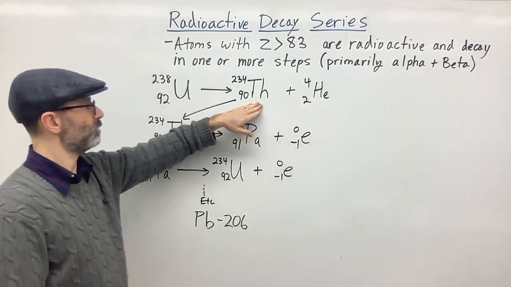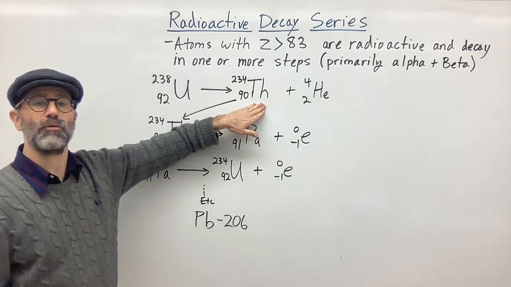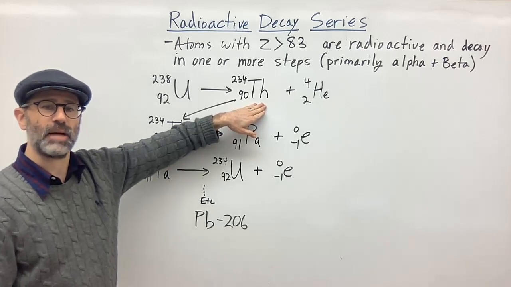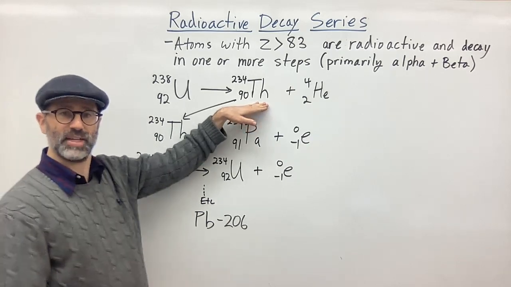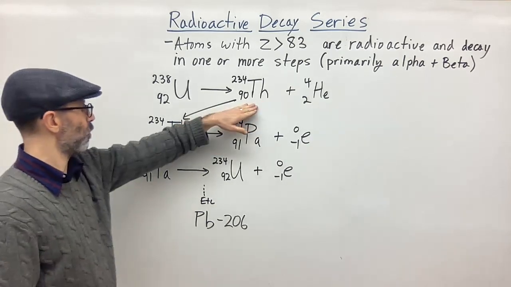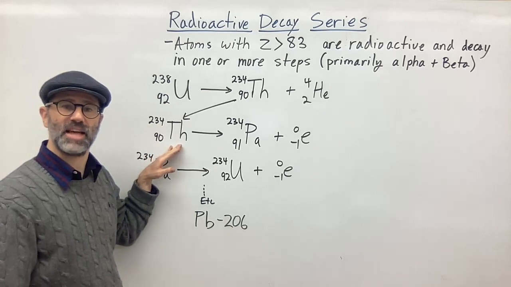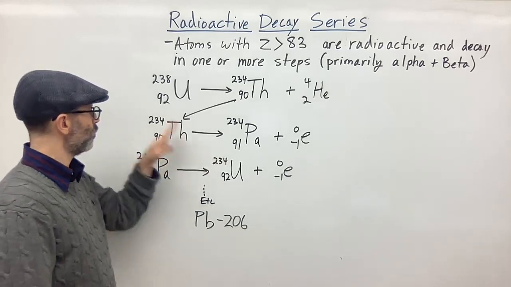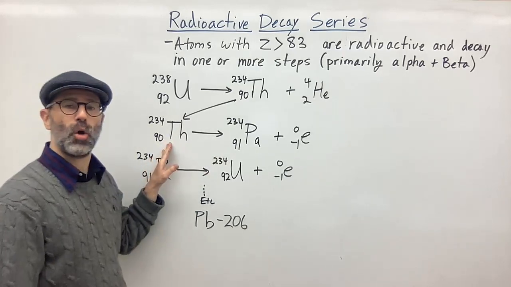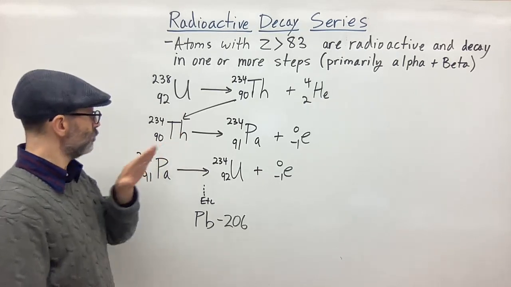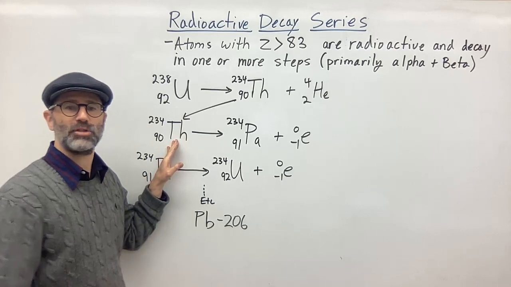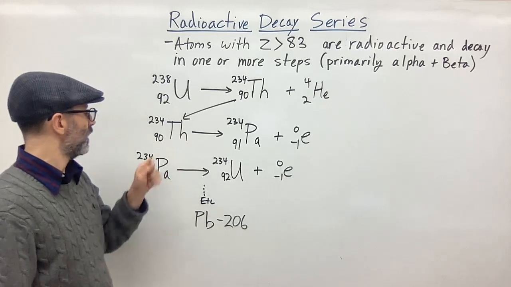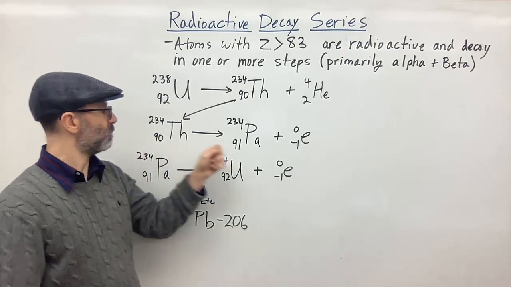Well, this thorium 234 is itself radioactive and unstable. So the thorium will also undergo radioactive decay. So we take the next step, we take the thorium here, and we write the next step here. So the thorium 234 is going to undergo a beta decay. So it's going to lose an electron from the nucleus. So when it loses the electron, that means that a neutron is going to become a proton.